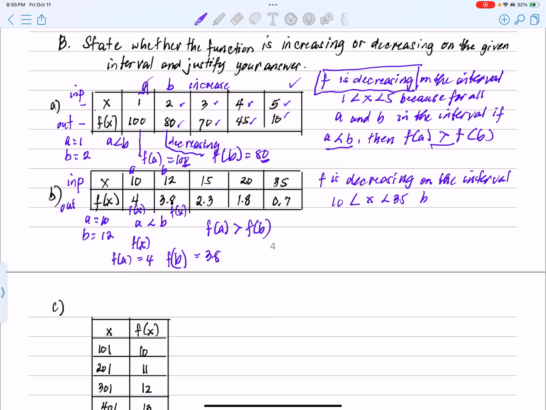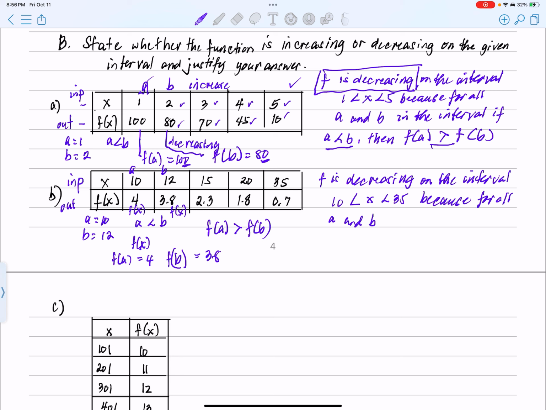Right? It's decreasing. So because for all values of A and B, so let's say if I make 12 as A, the B would be 15, and so on and so forth.